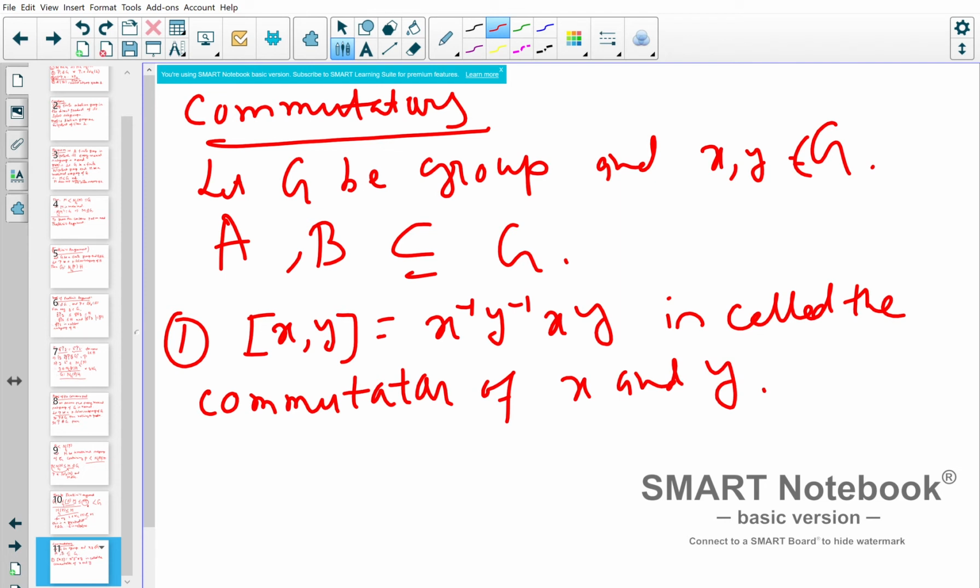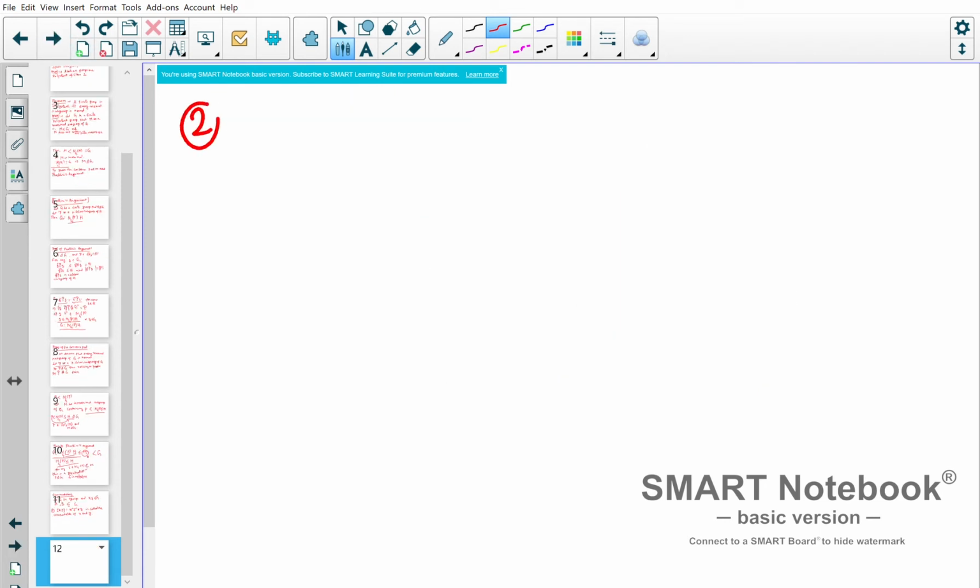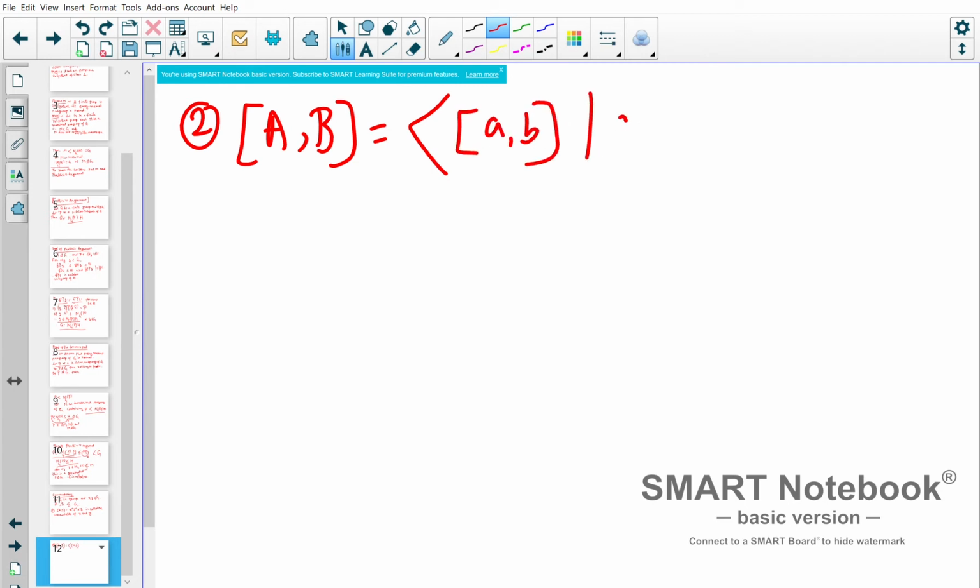Similarly, for any subsets A and B, we define [A, B] as the subgroup generated by the commutators [a, b] such that a belongs to A and b belongs to B. So you choose these commutators and take the smallest subgroup generated by them, and that is this symbol.